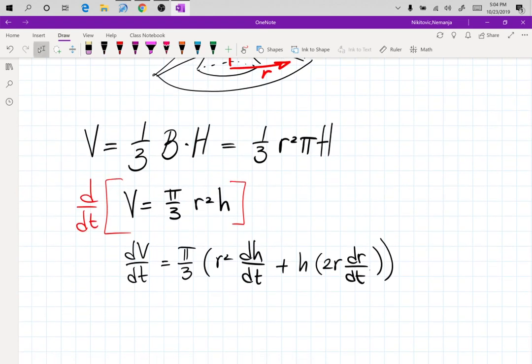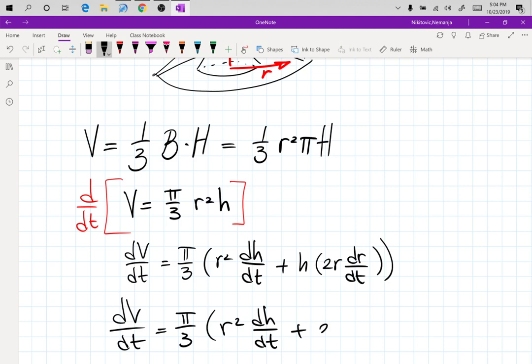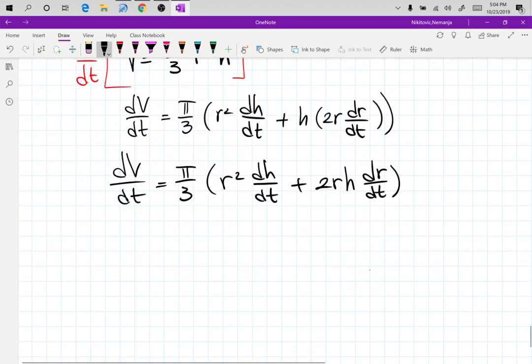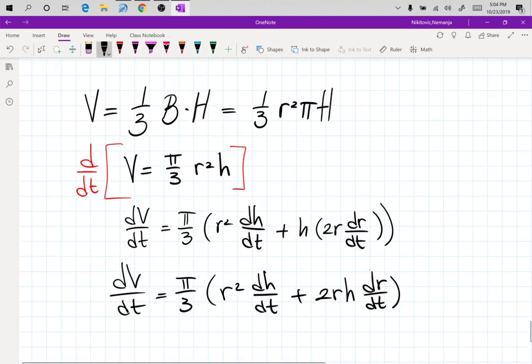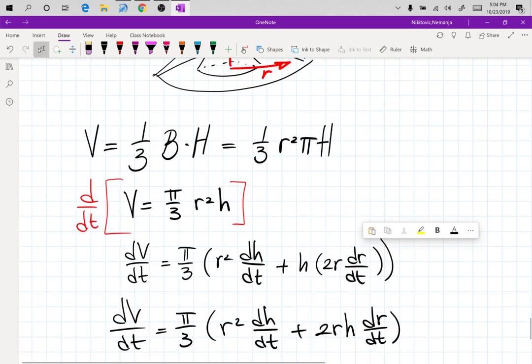This is your related rates formula. So dV/dt is equal to pi over 3, in parentheses, r squared dh/dt plus 2rh dr/dt.